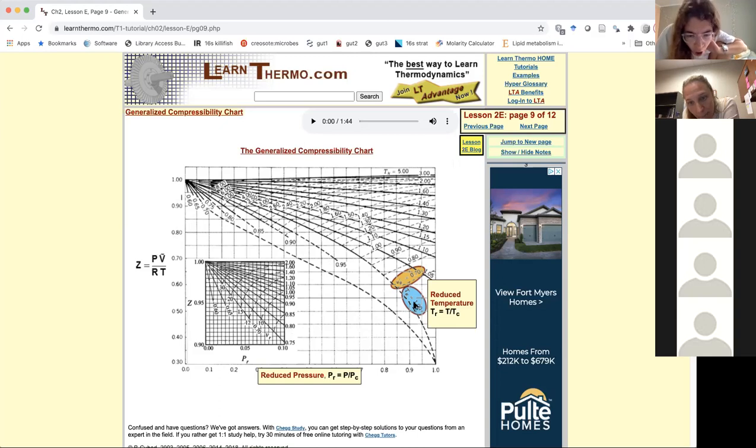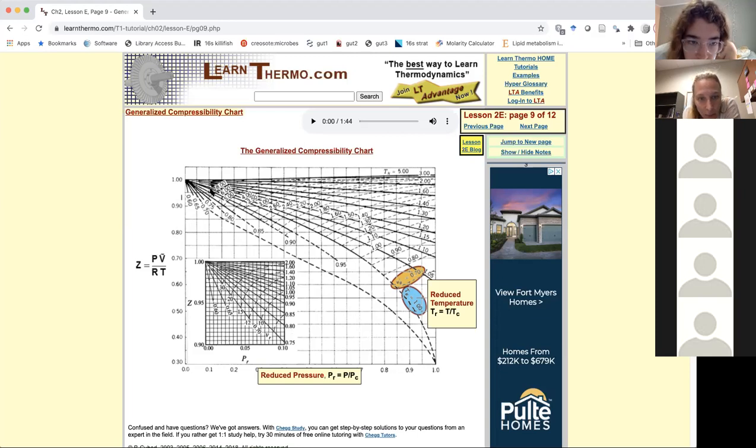It's going to be about this line, maybe just a little bit less, but 0.99 is really close to 1. So I go up until I meet up with my reduced temperature line of 1.